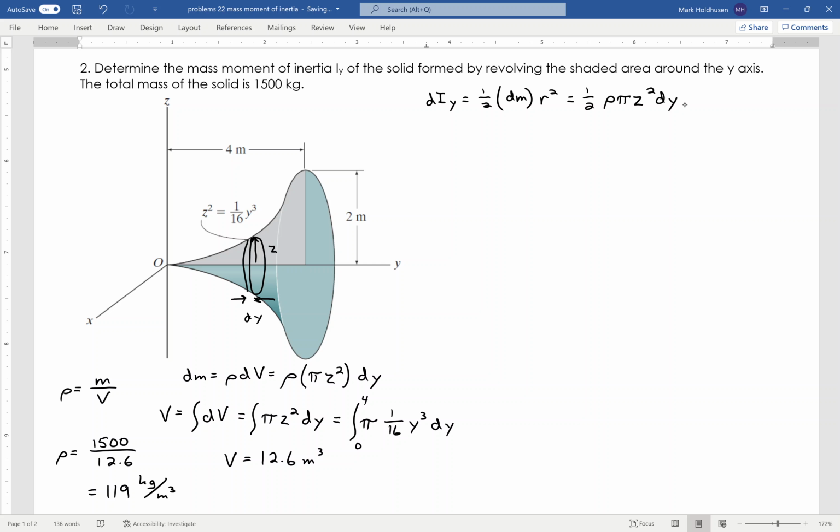Instead of z squared, I'm going to use 1/16 y cubed, because it tells me z squared equals 1/16 y cubed, and then that's times dy. So now I have a bunch of constants, and I can integrate with respect to y.